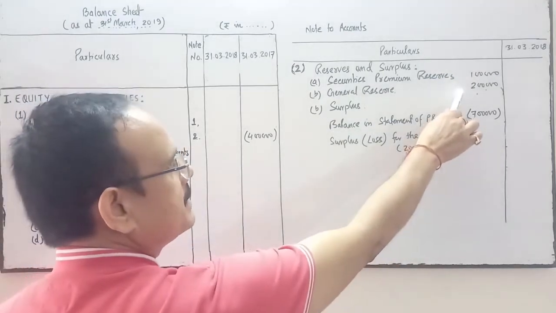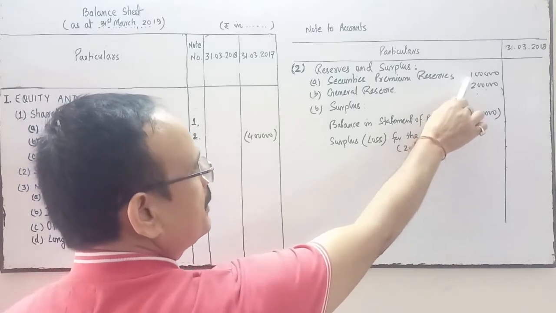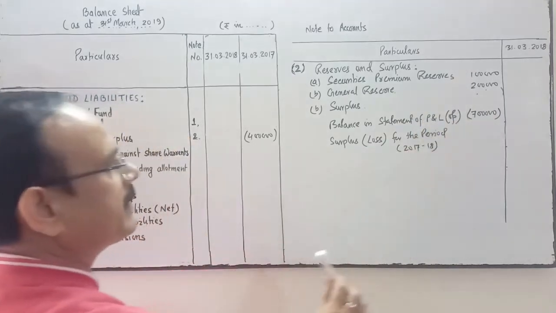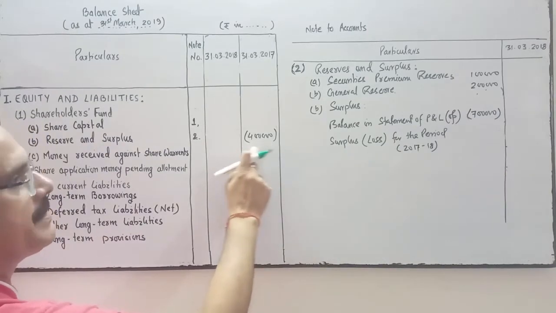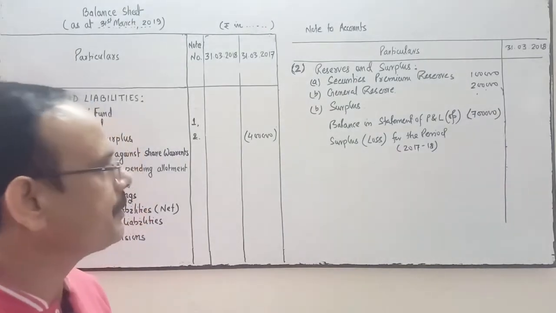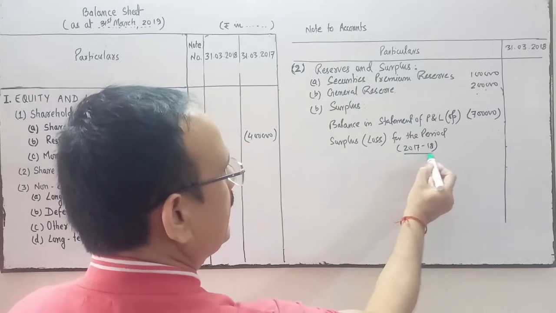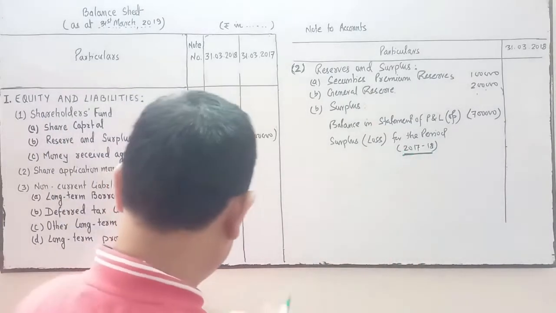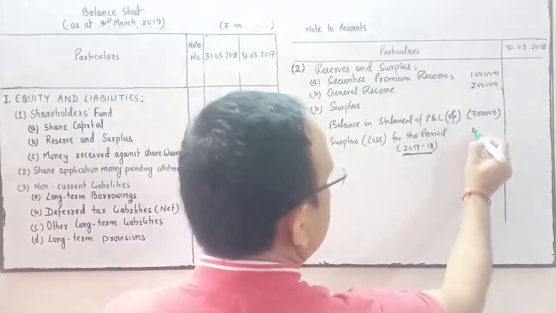Last year general reserve is this and securities premium is this, so 2 plus 1, 3 lakhs minus 7 lakhs. So 4 lakhs will be reflected in the last year balance sheet. Now see, during the year 31st March 2018, our financial year is 17-18, they incurred a loss of rupees 4,50,000.